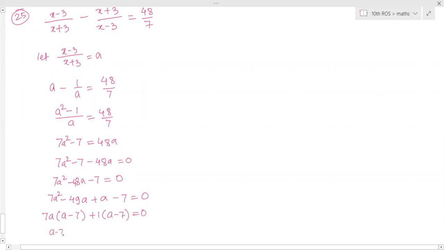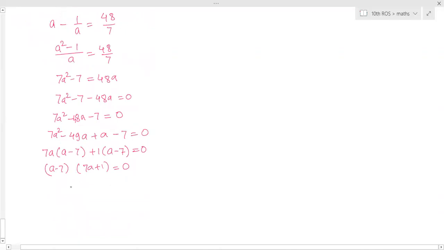So you get two brackets, a minus 7 and 7a plus 1, equal to 0. Equate to 0 and you get a as 7, or a is equal to minus 1 by 7.